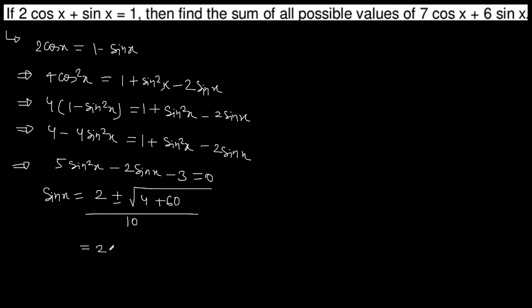Further, this is 2 plus minus 8 by 10, so the values are 1 and minus 3 by 5. So sin x has value 1 and minus 3 by 5. Can we predict the value of cos x? Sin x is 1.